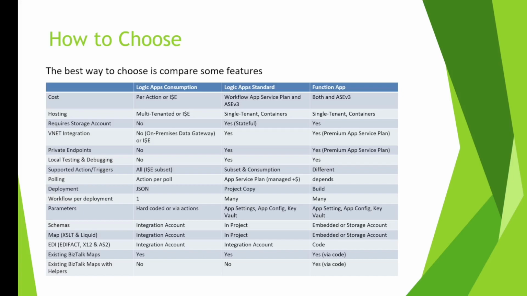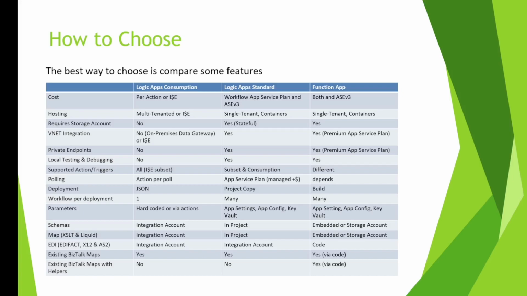So if we go through that first column, it's kind of cost-based. Our Logic Apps are consumption-based, you pay per action, and there are some enterprise-style actions, like if you want to talk to SAP, that action costs you a little bit more money, but you still can do it. I have put ISE there.